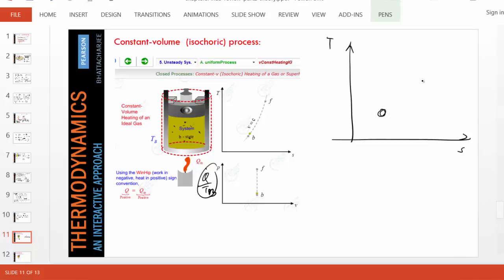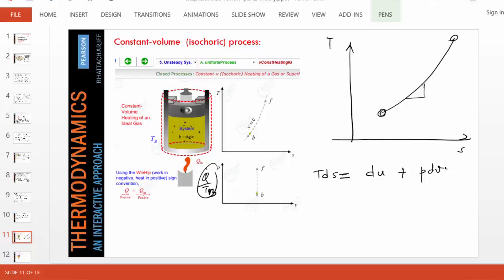Now, how do we figure out exactly how the plot moves? To understand that, think of what the slope should be. If you recall the TdS equation, that is a very important, fundamental equation from your ME 350: TdS equals du plus PdV.